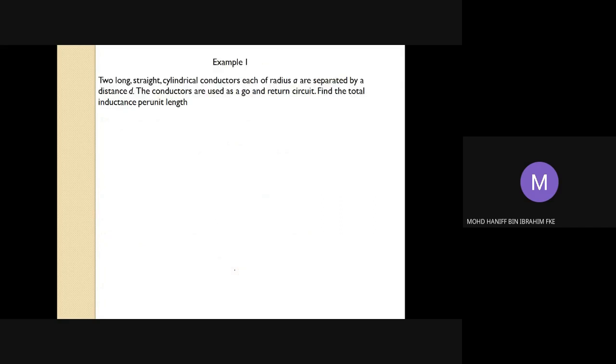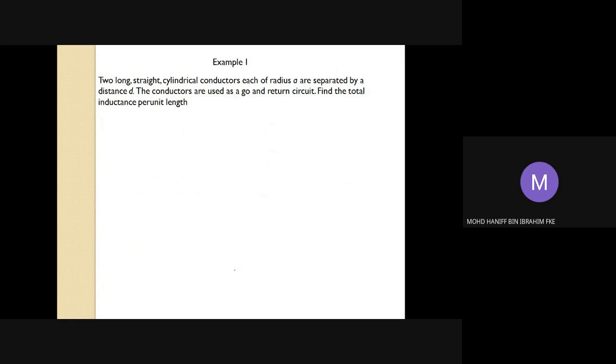That should be the inductance value. The answer for both methods should be the same. In the example after this, we are going to see how to calculate the inductance based on method number 1, the flux method, and method number 2, the energy method.